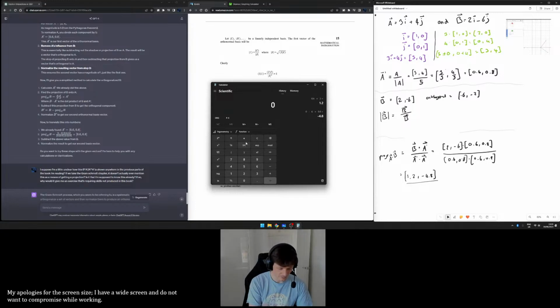So 0.6 times 0.6 is 0.36, and then 0.8 times 0.8 is 0.64. 2 times 0.6 is 1.2.